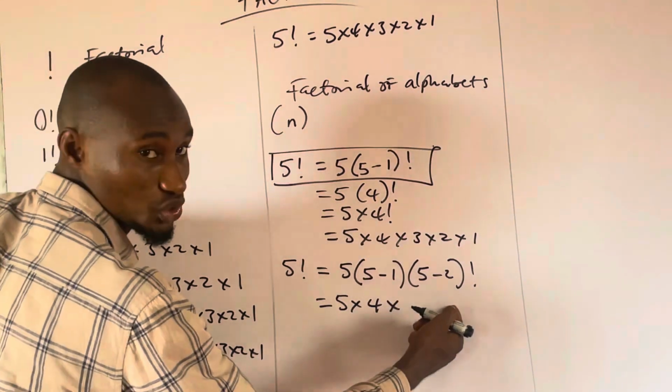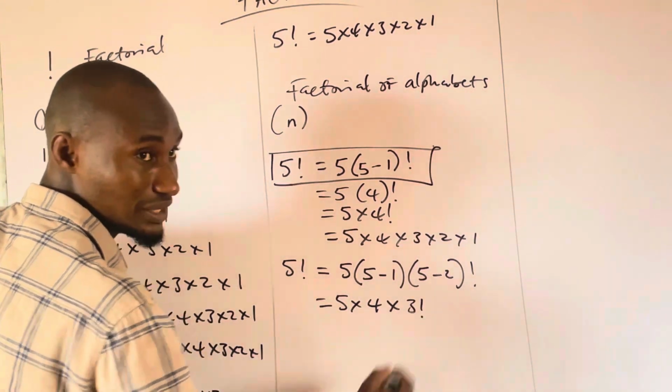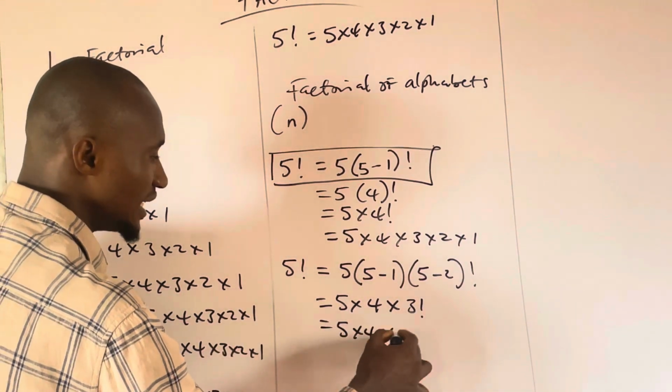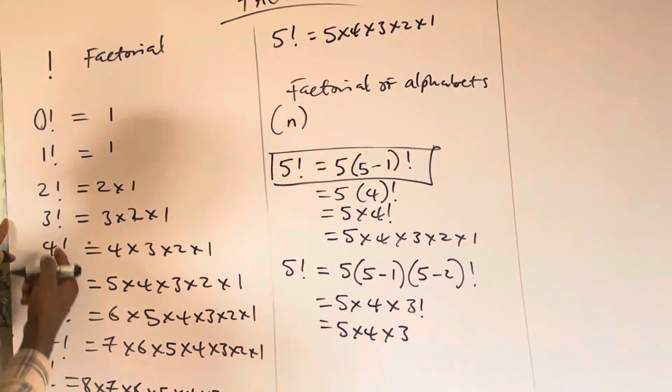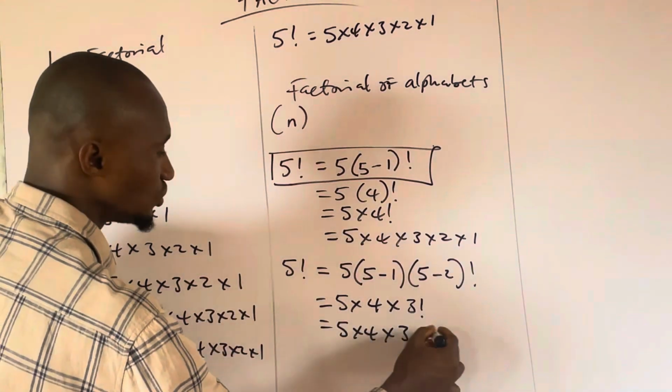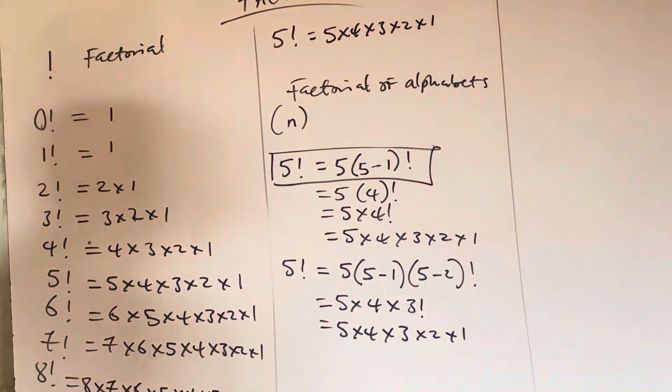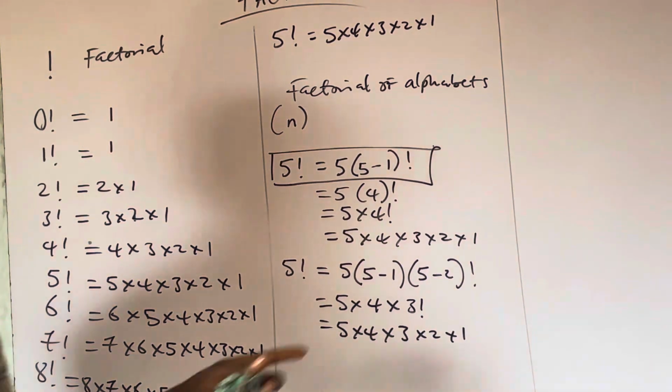Then 5 minus 2 gives us 3 factorial, right? So this means 5 times 4 times 3. Now 3 factorial here means times 2 times 1. This and that, are they not the same thing? They are the same, right? Are you seeing it now?